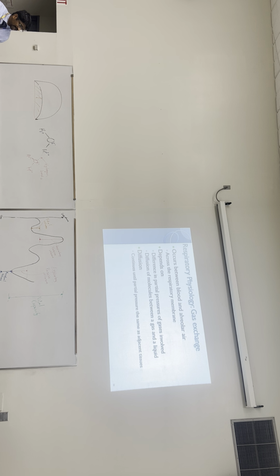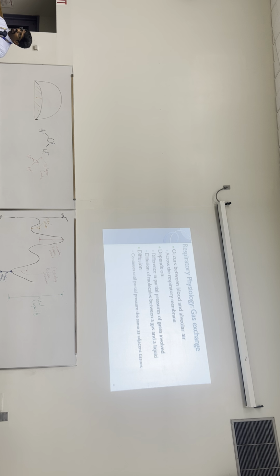Okay? And in the air we breathe, what's the main component? Nitrogen. How much is nitrogen? About 78%. What's the next most common? Oxygen. How much? 21%. That's it, everything else, even CO2, is very small. It's about 0.03%. So the pressures exerted by the individual gases make up our atmospheric pressure.